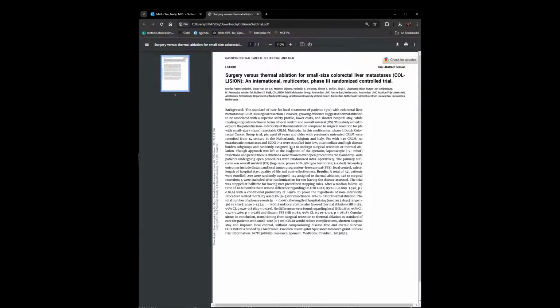It was a multi-center study with over 300 patients, multiple sites, one-to-one assignment, those undergoing resection versus thermal ablation, patients with less than 10 lesions in the liver from metastasis. They had over 2-year follow-up. The main outcome was overall survival, and the secondary outcomes were tumor progression, tumor-free progression, as well as length of hospital stay, quality of life, and cost effectiveness.